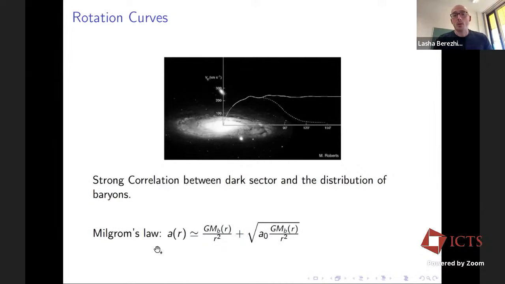Okay, so this is simply an empirical relation, and it says that for large accelerations, the acceleration is the way we would expect it to be in Newtonian gravity without dark matter. So at short distances, we also know that the rotation curves are mainly governed by baryons, because baryons seem to be more compactly packed, so they dominate in the center of the galaxy.